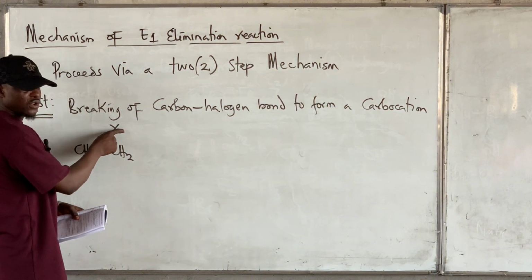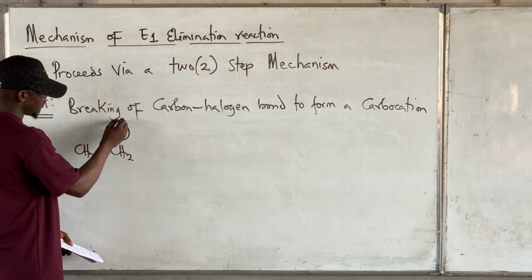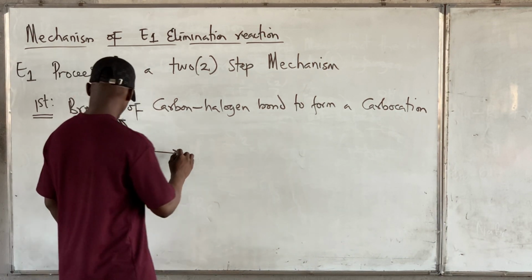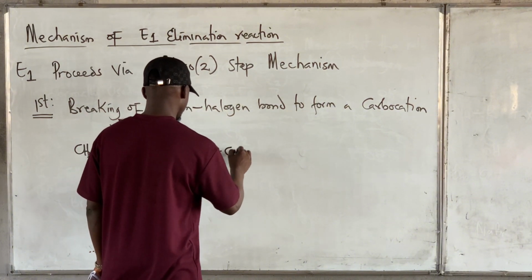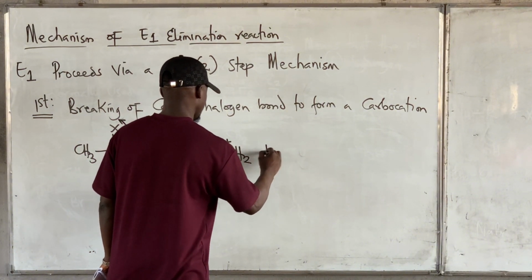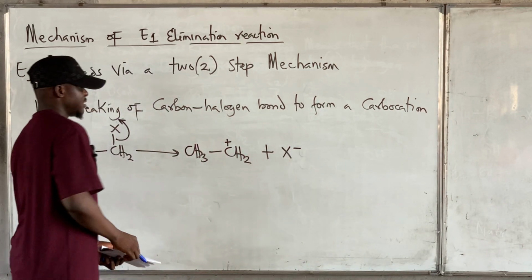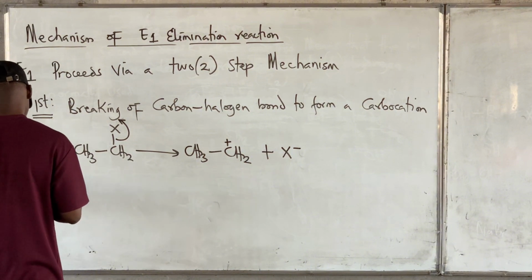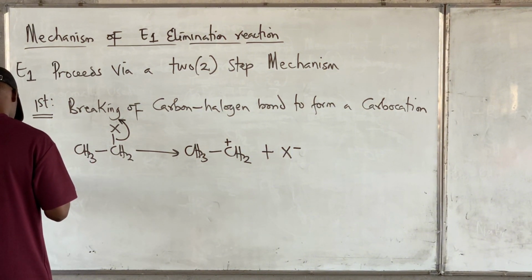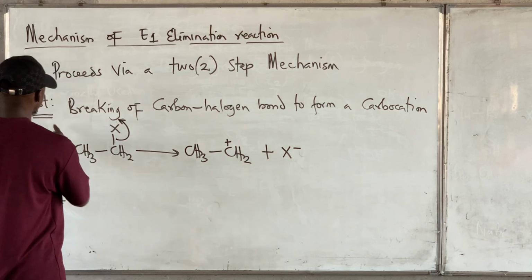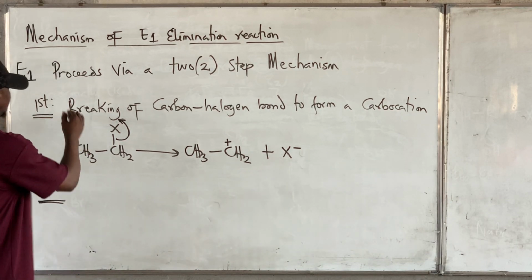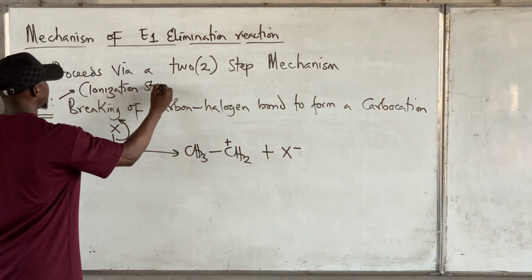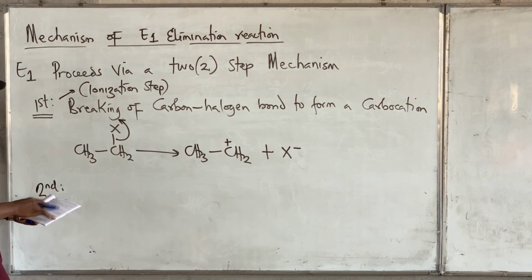So this is the carbon bearing the leaving group. So you break this guy. So this becomes CH3 plus, X minus. This step is also called the ionization step. Take note of that. The first step is also called the ionization step because you're breaking this guy to form the carbocation.